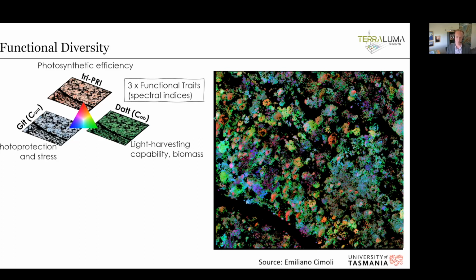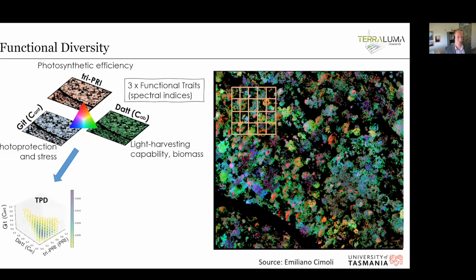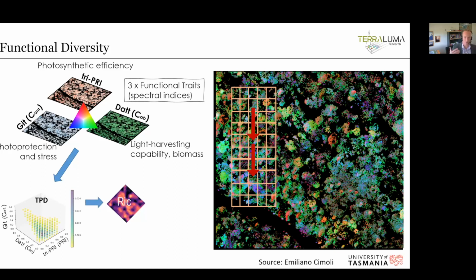That in turn helps us to better understand the signals in satellite images, especially with some of the upcoming hyperspectral missions, and also better link our field observations to some of those broader scale initiatives. We can also use these traits through trait probability mapping to derive things like functional richness, and use this as a monitoring tool to work out how our ecosystems change over time.